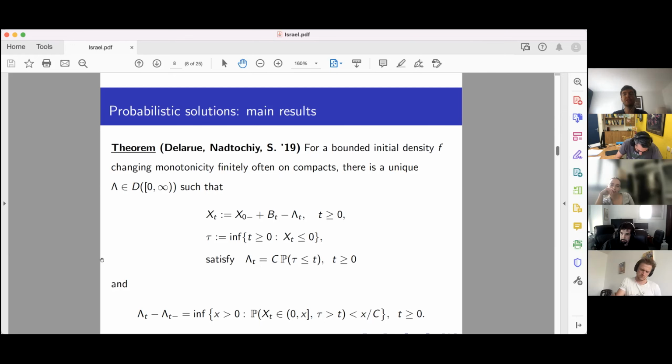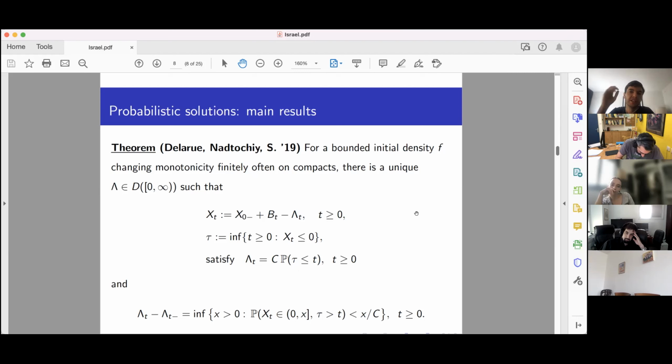It says that for certain initial conditions F, I'll come back to the exact condition in a moment, we indeed have a unique solution, both existence and uniqueness for the probabilistic problem, and uniqueness is in the class of these physical solutions. So there is a unique solution which picks up the smallest possible jumps whenever lambda jumps.